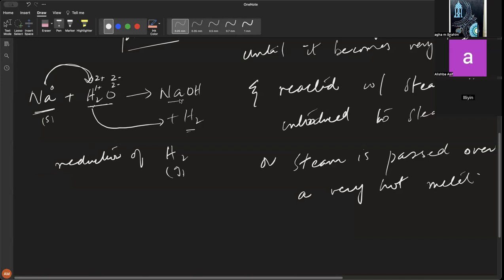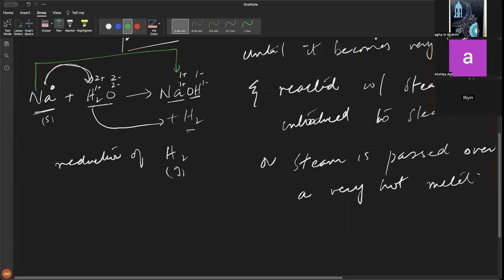Here, sodium is making a compound, right? It has 1 plus charge, and the hydroxide ion has 1 negative charge. So the oxidation state of sodium over here is 1 plus, and the oxidation state of this hydroxide ion is 1 negative. You see, sodium from zero has become 1 plus, right? Can you see this?